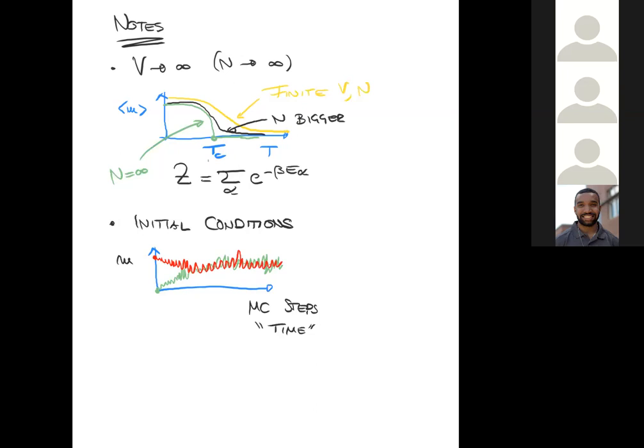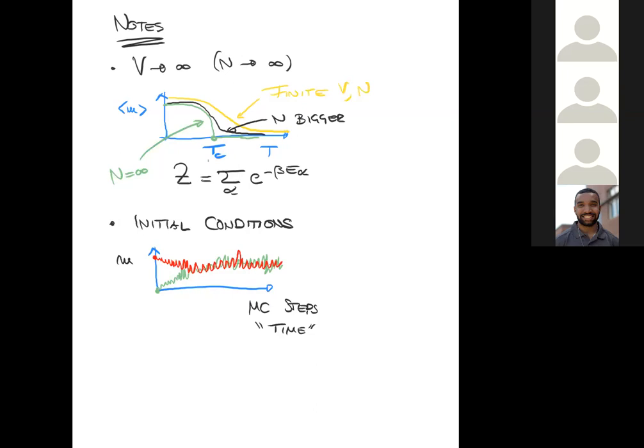What the theorem guarantees is that eventually it'll get there, but it doesn't tell you how long that eventually is. So this dependence on the initial condition is a criterion that you can use to see how close you are. If you start from two different initial states and your magnetization has converged to the same final state, then that's some guarantee. It's not an absolute guarantee, but it's some evidence that your algorithm has indeed converged.